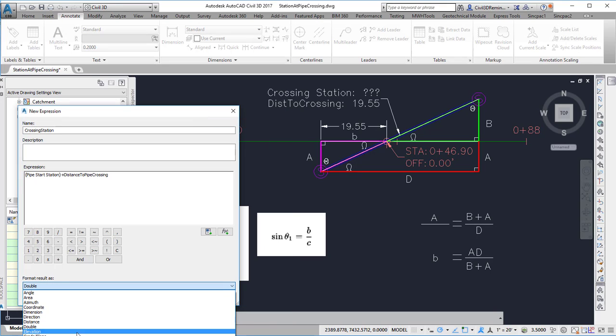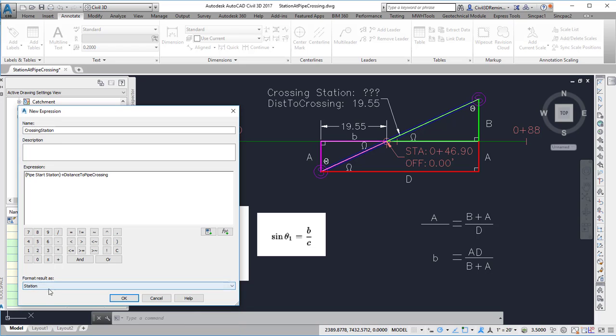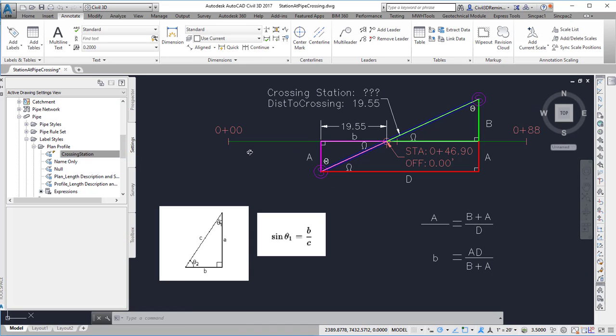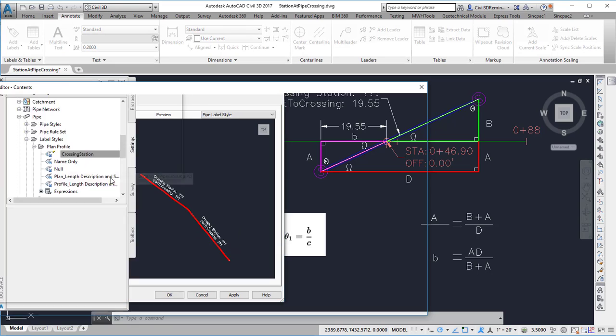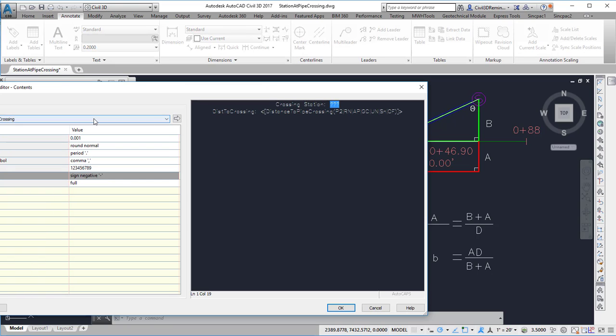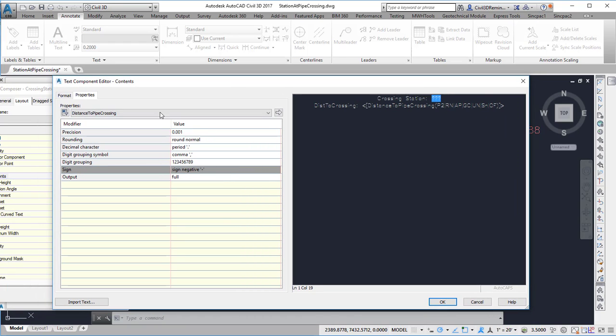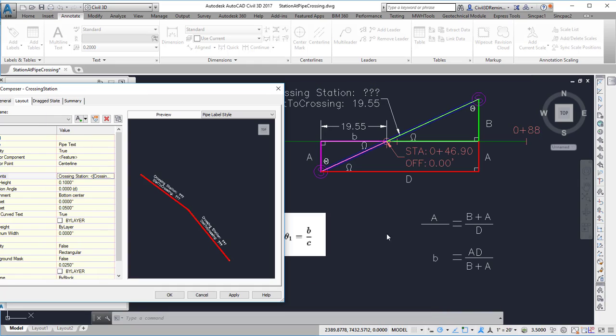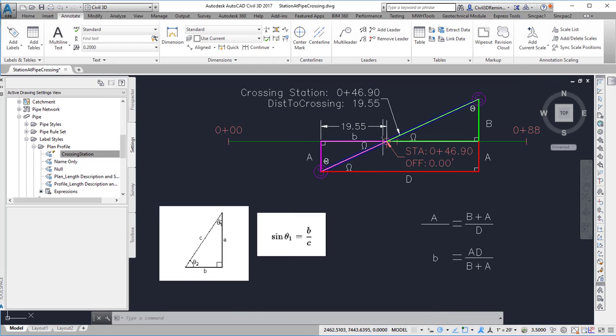I'm going to format that as station value, and then I can hit OK, and then I can add that to my label. And I can hit OK, and so 46.90 is the station value that I've calculated.